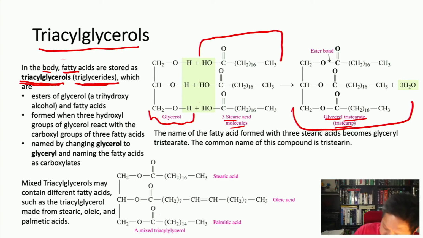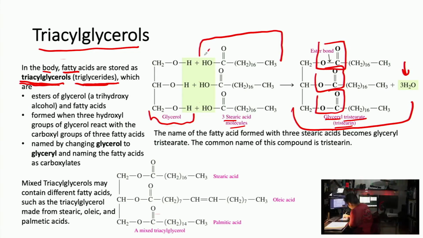And you also get 3 waters out of the reaction as well. Again, the glycerol is attached to the fatty acid with an ester bond. Remember, this used to be right here just an H, or an O minus, an OH or an O minus.